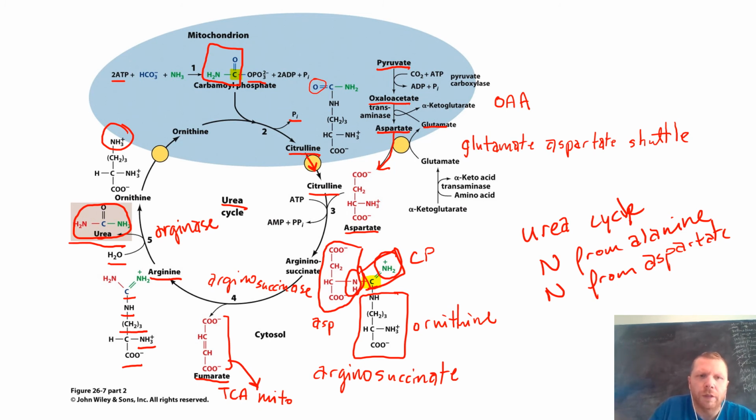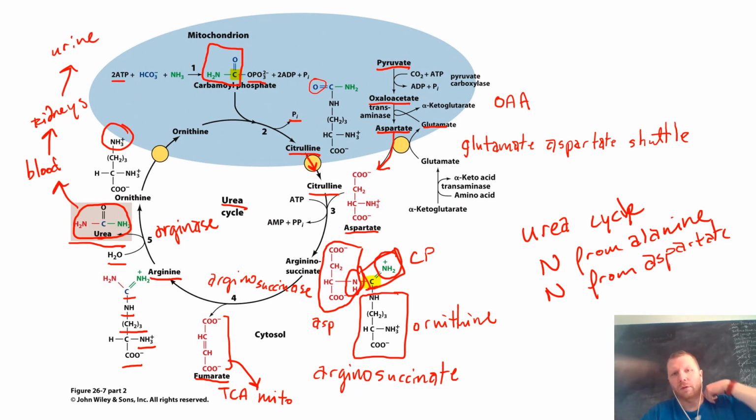What this urea does is it goes to the bloodstream, and then it goes to the kidneys, where ultimately it is released in the urine. So humans are able to do this cycle and ultimately get rid of that otherwise potentially toxic compound, or those nitrogen-based compounds, that ammonia.